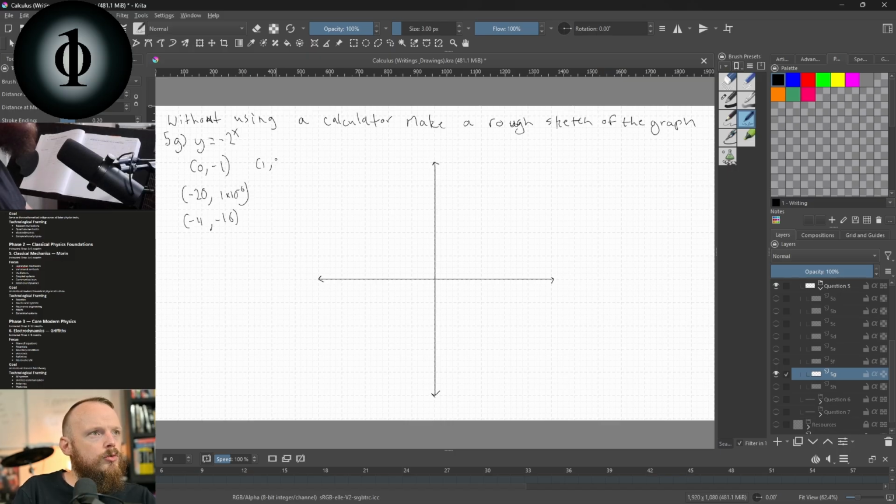Negative 2. 2, negative 4. Ooh, that one's more reasonable. 3, negative 8, and 4 is negative 16. That's pretty much all we need.